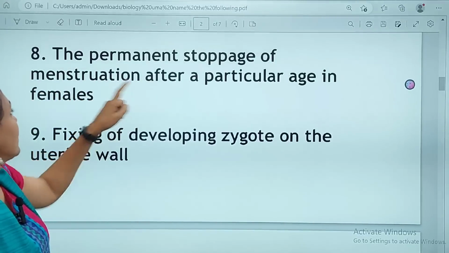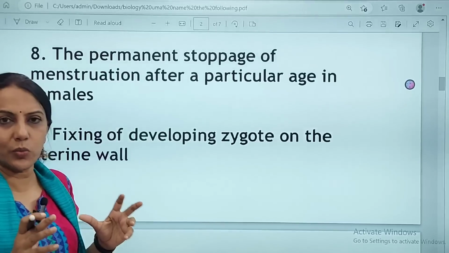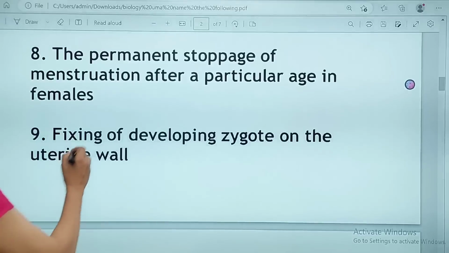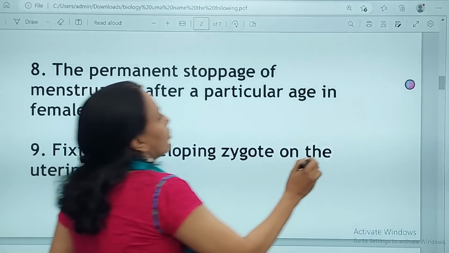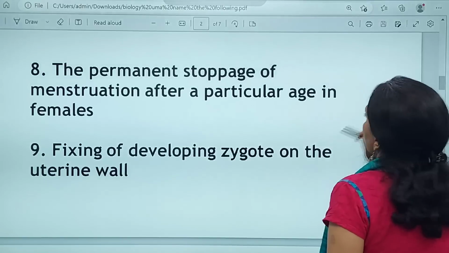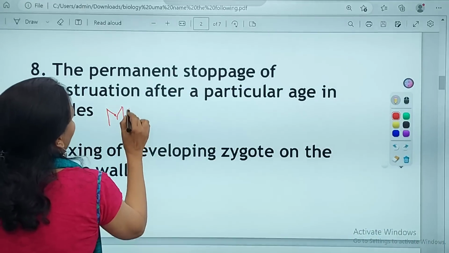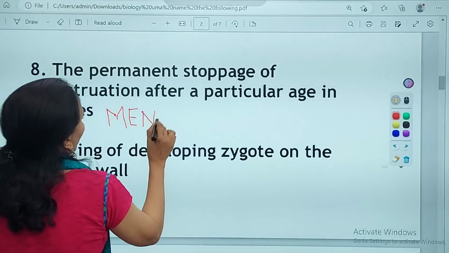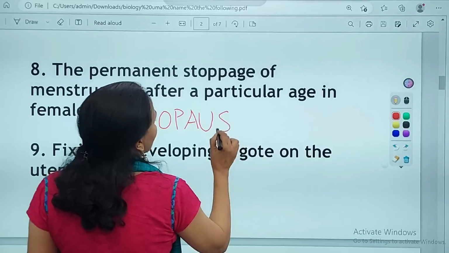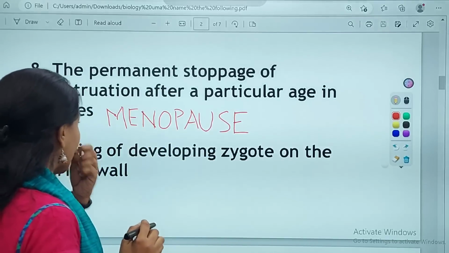The permanent stoppage of menstruation after about 45 to 55 is when the monthly cycles stop, and that is called menopause. M-E-N-O-P-A-U-S-E. A lot of hormonal changes take place in women at that age, 45 to 55, when menopause happens.